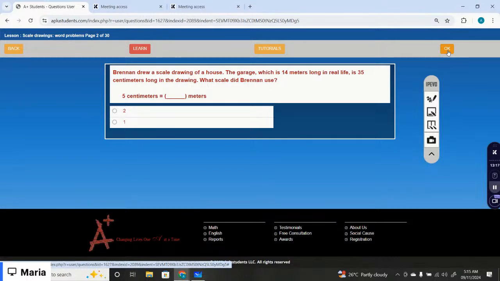Brennan drew a scale drawing of a house, the garage which is 14 meters long in real life is 35 centimeters long in the drawing. What scale did Brennan use?